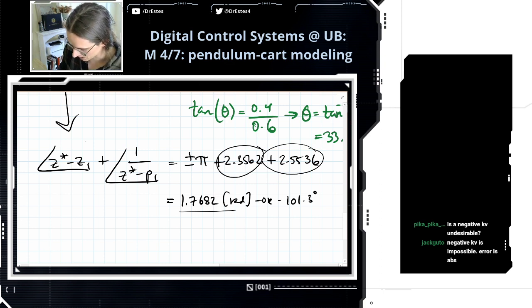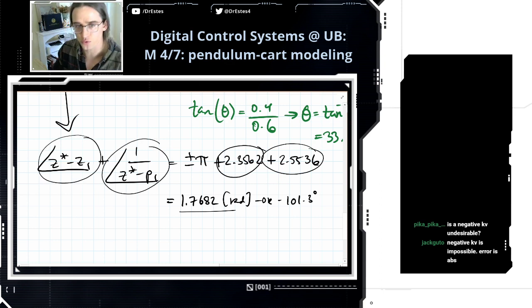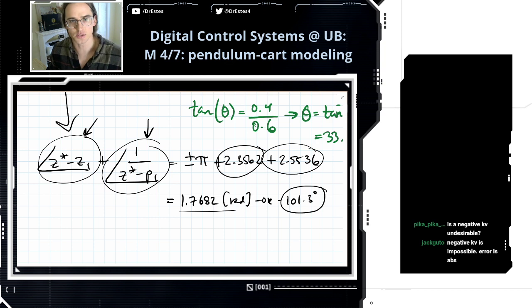Okay, so now this is the control design question. Where do I place the zero of this controller and where do I place the pole so that the net angle is 101.3 degrees? The way that I like to do this, and this is not the only way, but this is how we've done it in class, is first you have to recognize there's infinitely many combinations of these that can give you this angle.